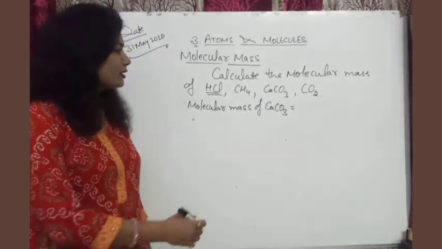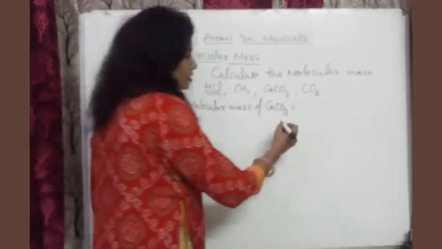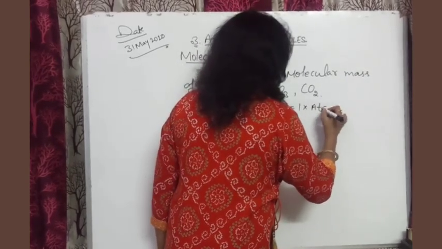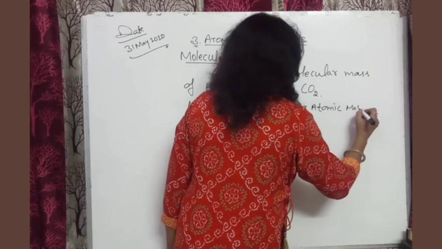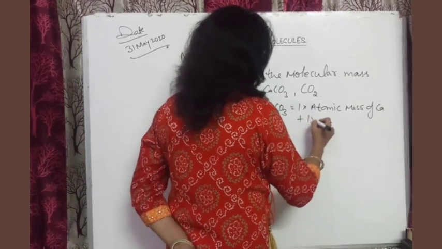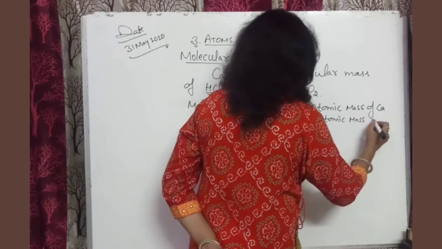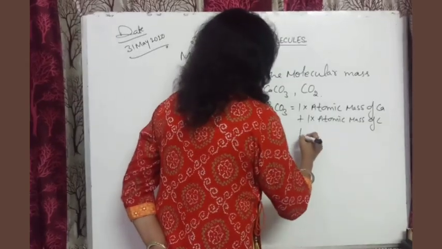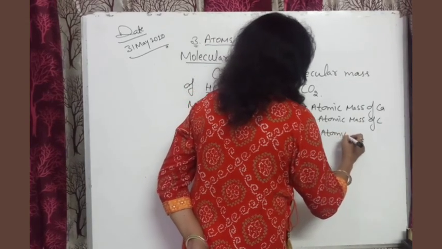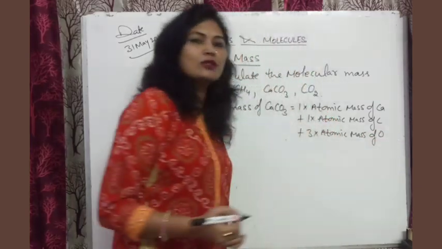Now we can calculate the molecular mass of CaCO3, that is calcium carbonate. We can find the mass: 1 into the atomic mass of Ca atom plus 1 into the atomic mass of C atom plus 3 into the atomic mass of O atom, oxygen atom.